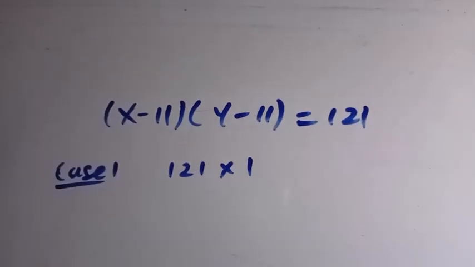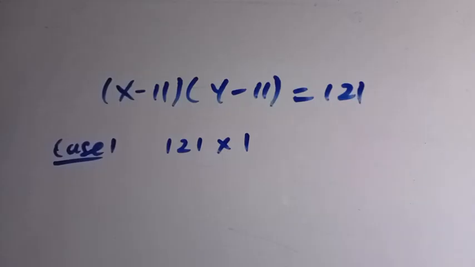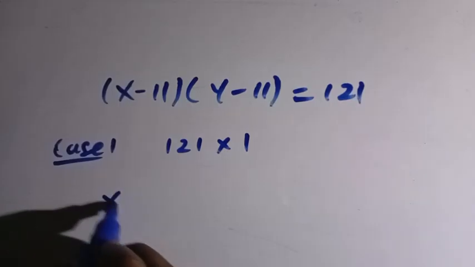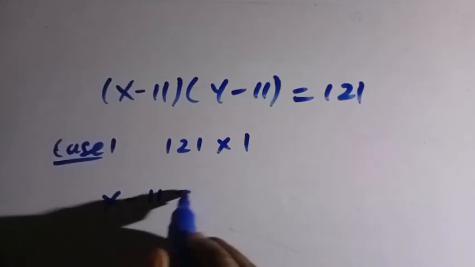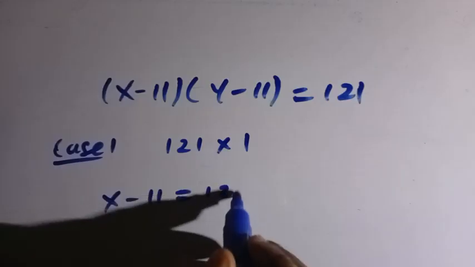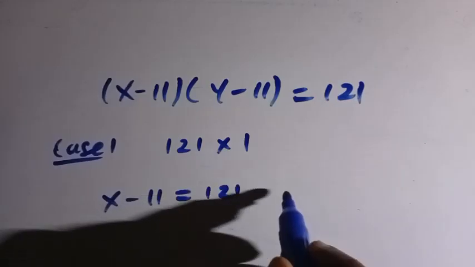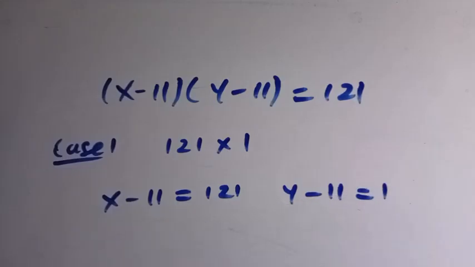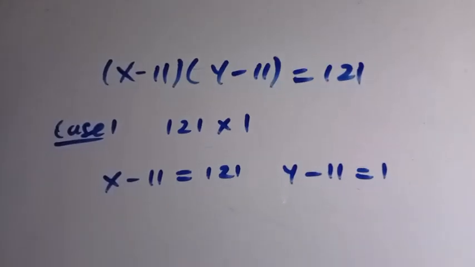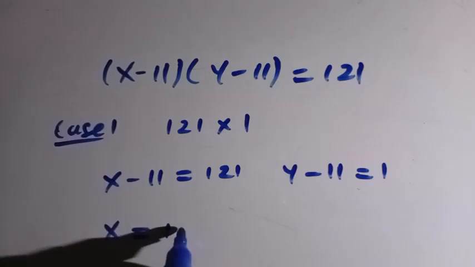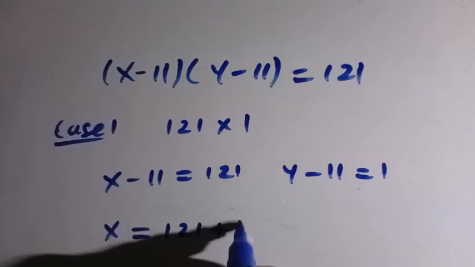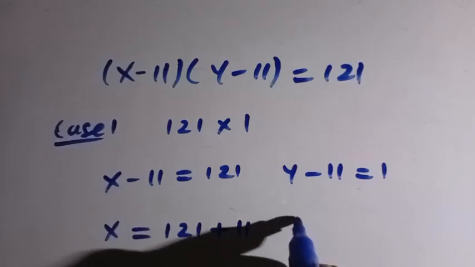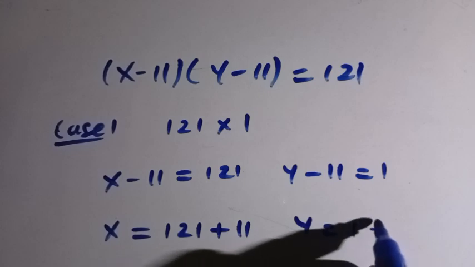So for the first case, when we have 121 multiplied by 1, this shows that x minus 11 equals 121, and we have y minus 11 equals 1. So therefore, when we take 11 to the other side, we have x equals 121 plus 11, and also we have y equals 1 plus 11.